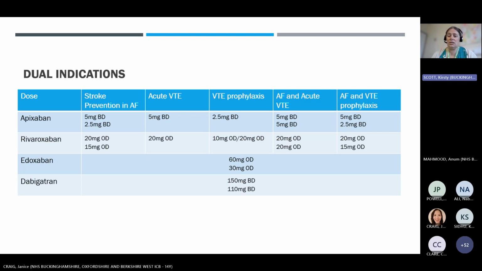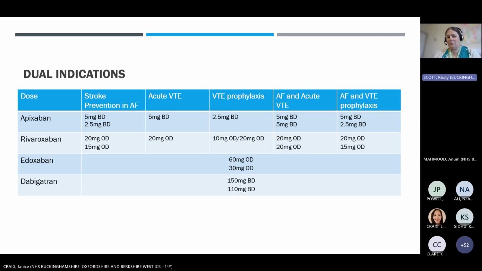So in this instance, we would keep them on 5 milligrams twice a day. We wouldn't dose reduce after 6 months, as we would ordinarily do in somebody who stays on long-term apixaban for a PE. But we want to make sure that we are giving adequate stroke prevention. So that's why we're not dose reducing there.